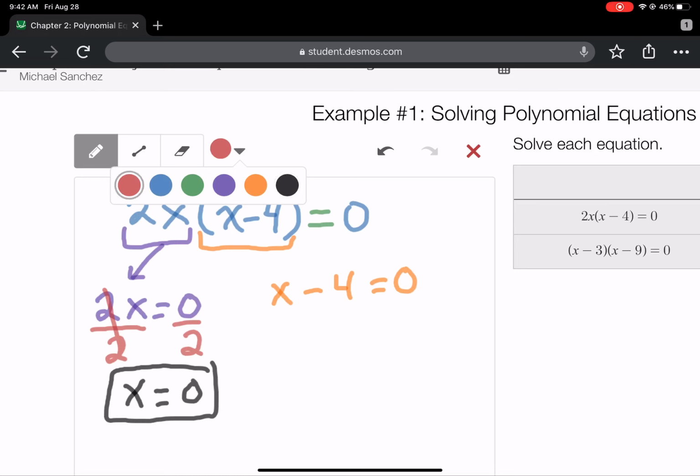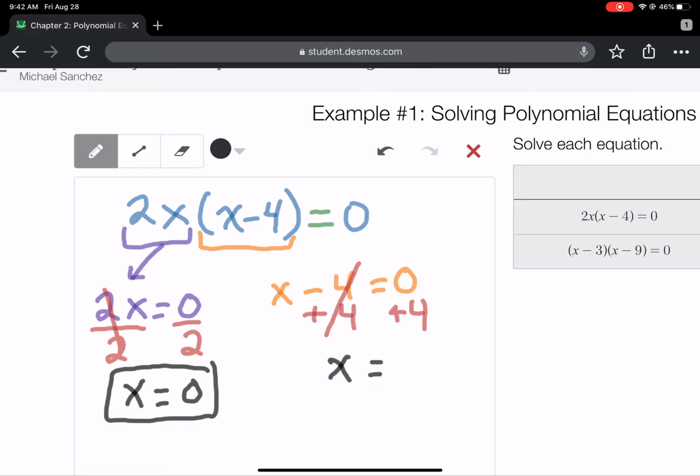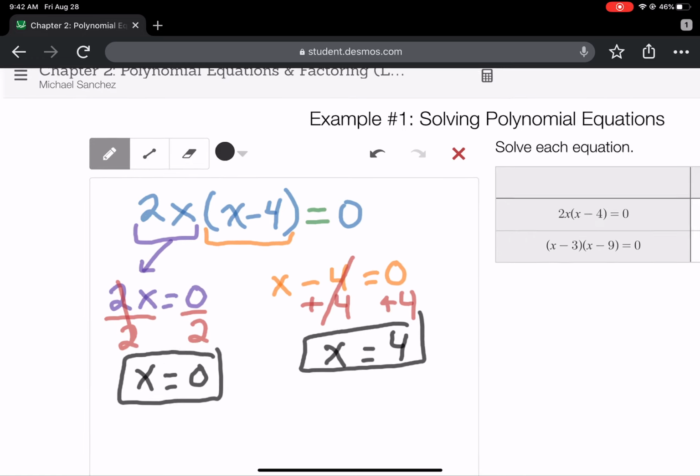And then on my other piece, I'm using inverse operations. To get rid of minus 4, I have to add 4 to both sides of my equation, which is going to leave the x by itself. And then 0 plus 4 is 4. That's going to give me my second solution to my polynomial equation.